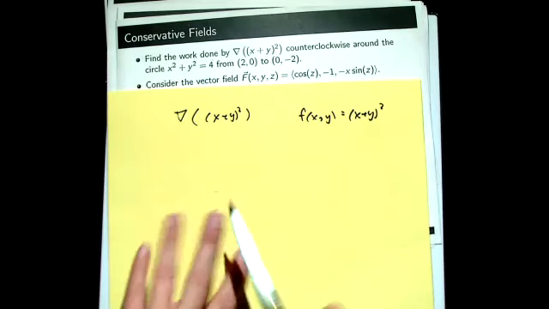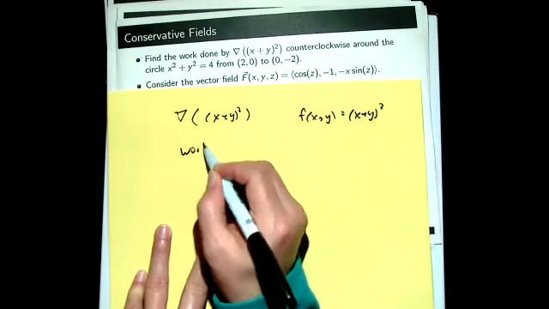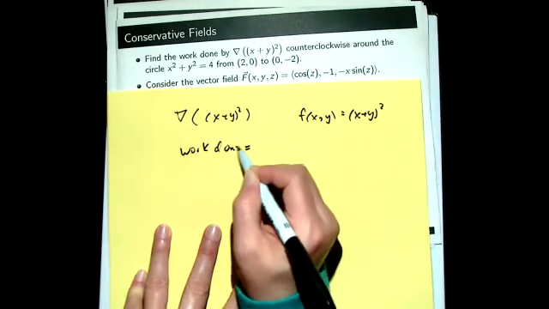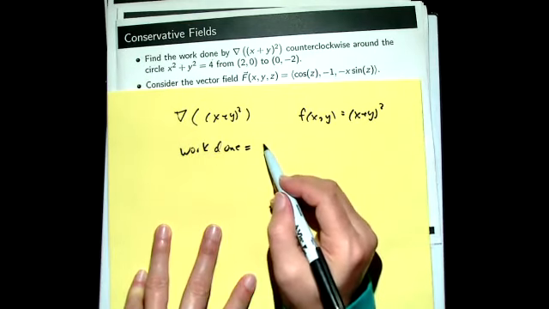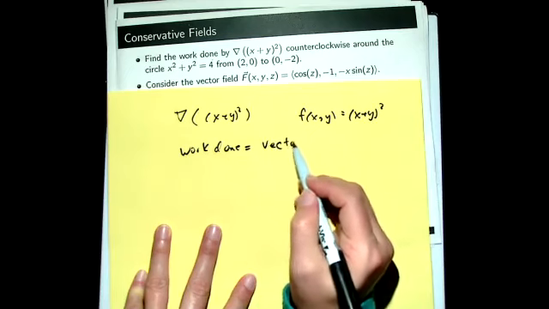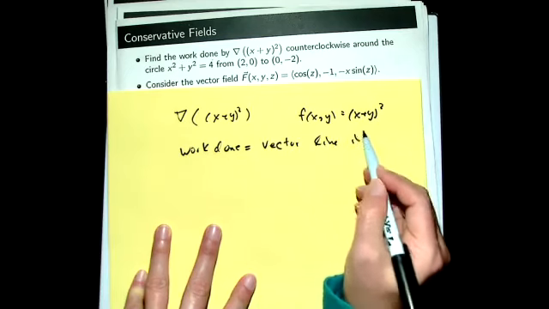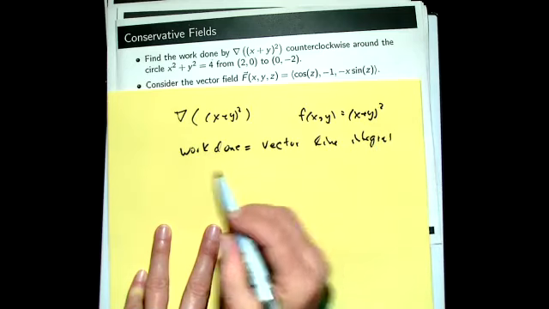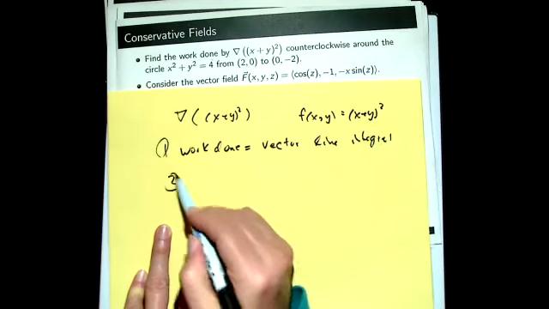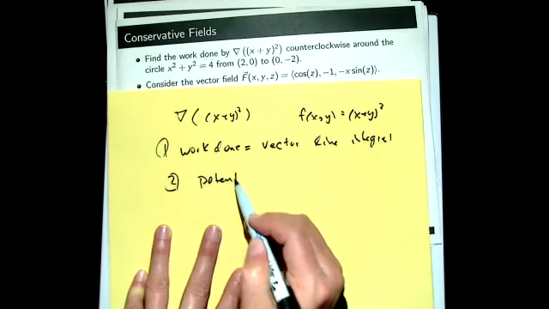Work done means, one, work done is equal to the vector line integral. Two, the potential is given.